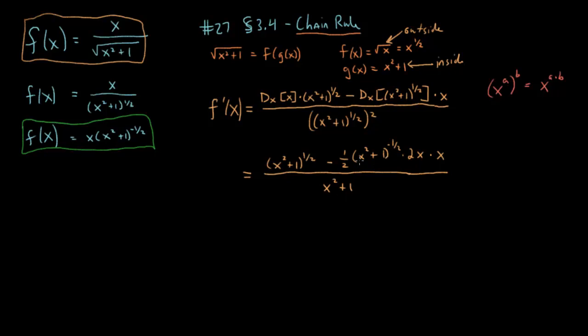Okay. In some cases, there are some folks who would not care if you stopped here, because that's the derivative. However, it's generally accepted that you need to simplify this as much as possible. Now, what do we mean by simplify?